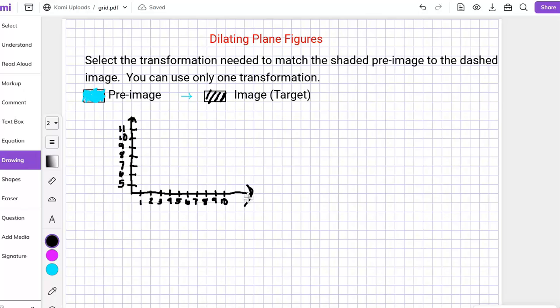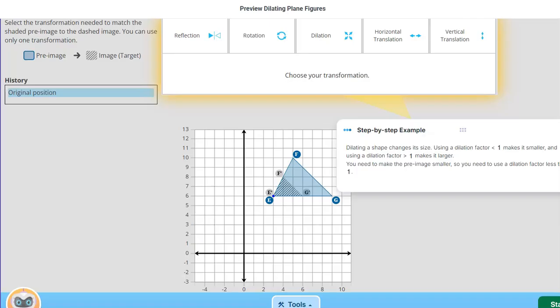And then I'm going to graph my pre-image first. So if I go back, my pre-image, I'm going to go E, F, G. So point E is at 3, 6.